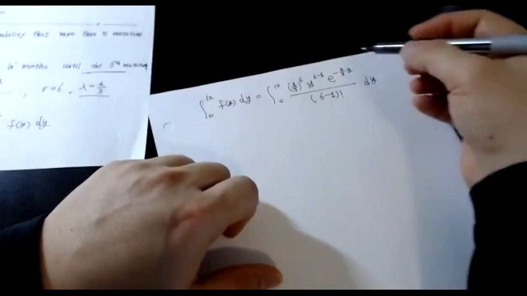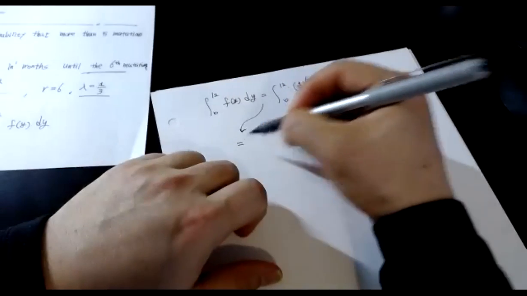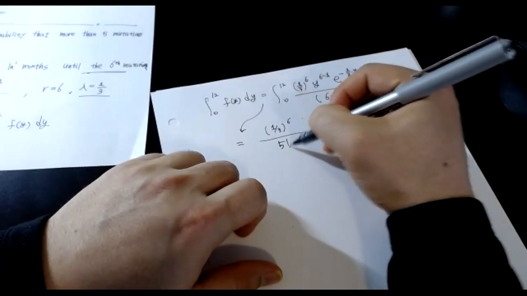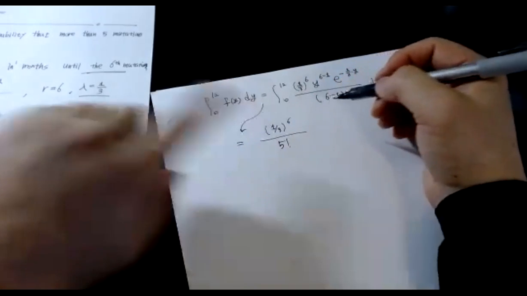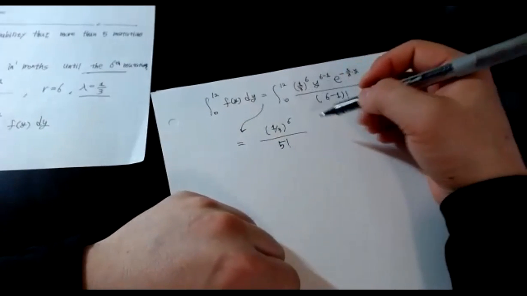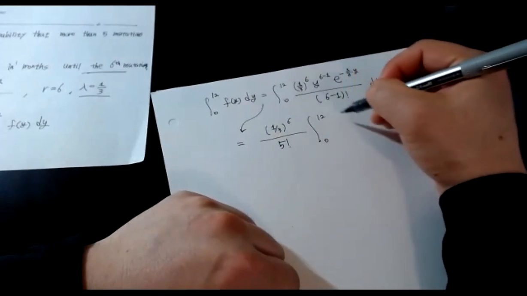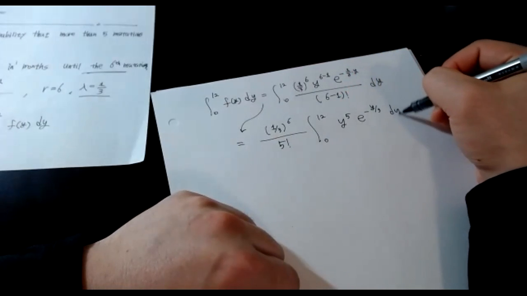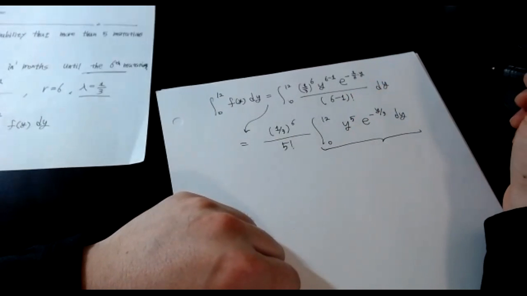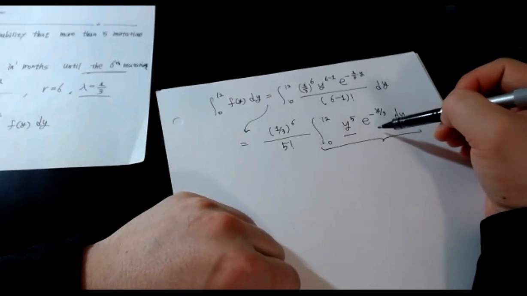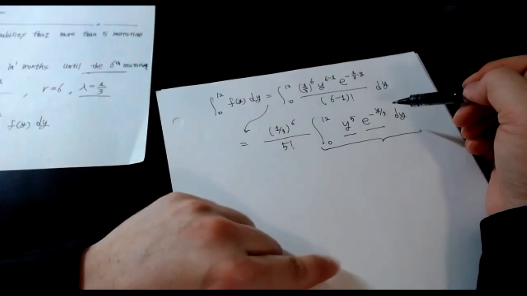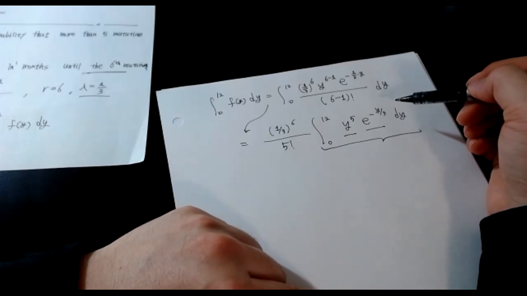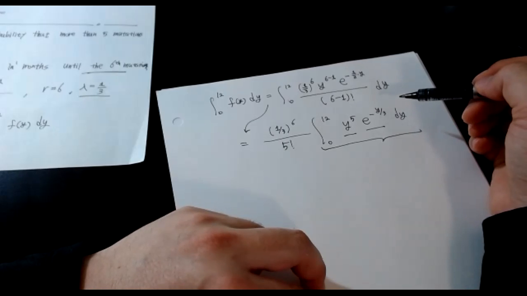You can see that this is equal to 1/3 to the 6th power over 5 factorial. This is a constant, so I just take it out of the integral, so the integral from 0 to 12 of y to the 5th power e to the negative y over 3 dy. To evaluate the integral, you see this is a polynomial and this is an exponential function, so you have to apply integration by parts, not just once, but I think at least four times.